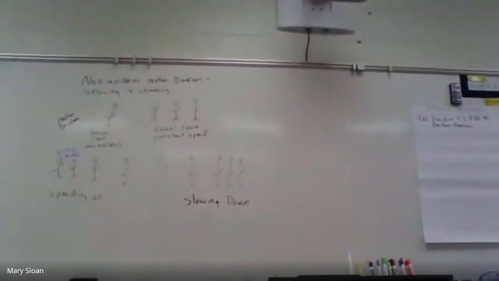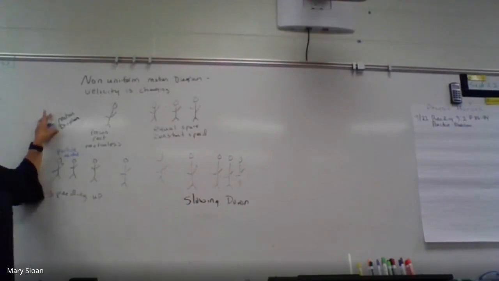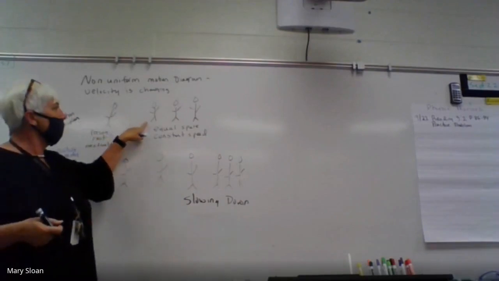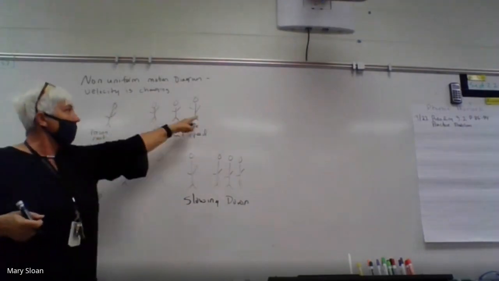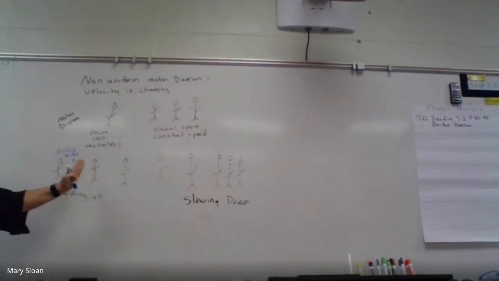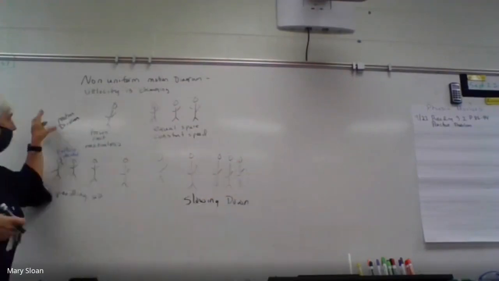Particle diagram will have the dots on it, and the motion diagram has the picture. Yes. So motion diagram, here we have a person at rest. This person is moving at equal space over a constant speed, right? This one, the person is moving faster, and this one is slowing down.